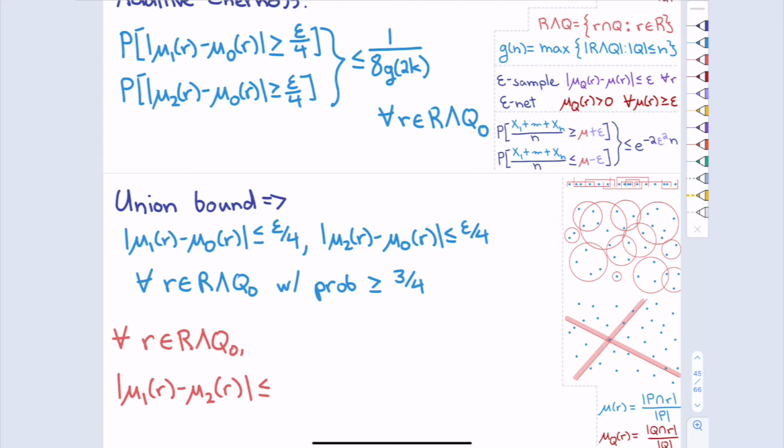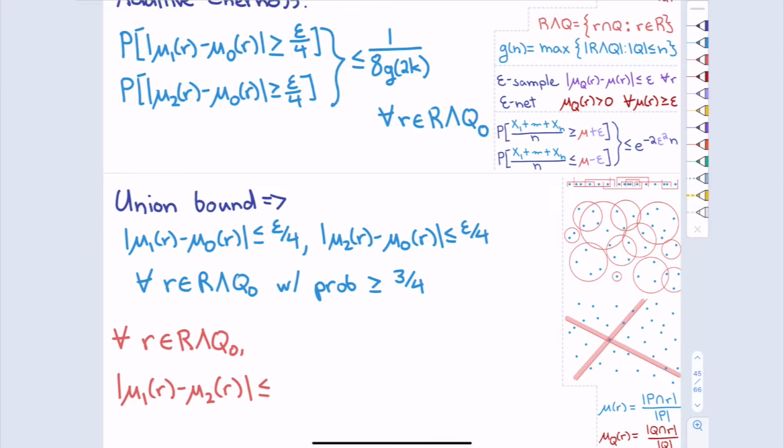Here was the actual thing we're interested in: mu1 minus mu2. First, we're just going to worry about the ranges that we've addressed. I want to show that mu1 and mu2 don't disagree, so I want this to be at most epsilon, or epsilon over 2 or something like that. How do I bound this term? This one is guessable.